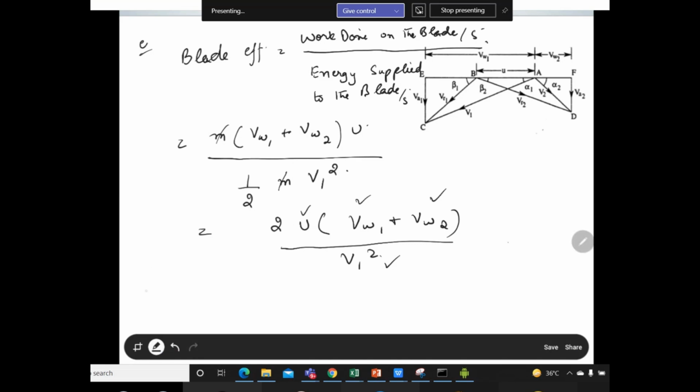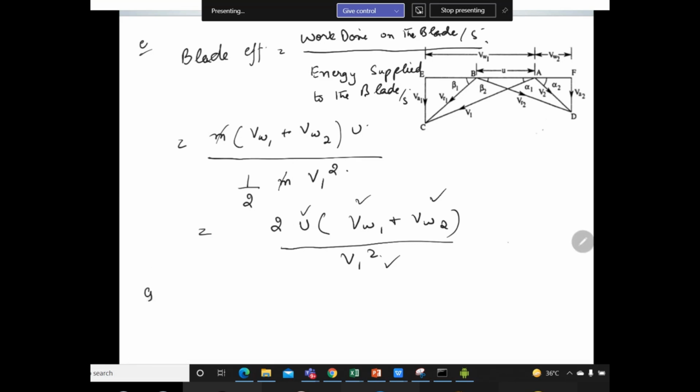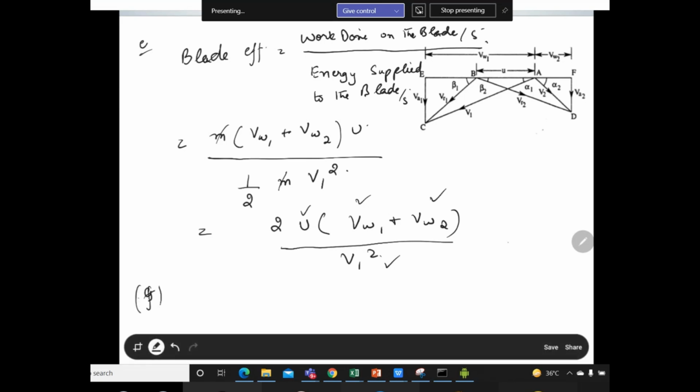Another relation, E and then F, is the stage efficiency. Blade efficiency is related to the blade, and then there's stage efficiency. A stage is basically a combination of your moving blade and your stationary blade.